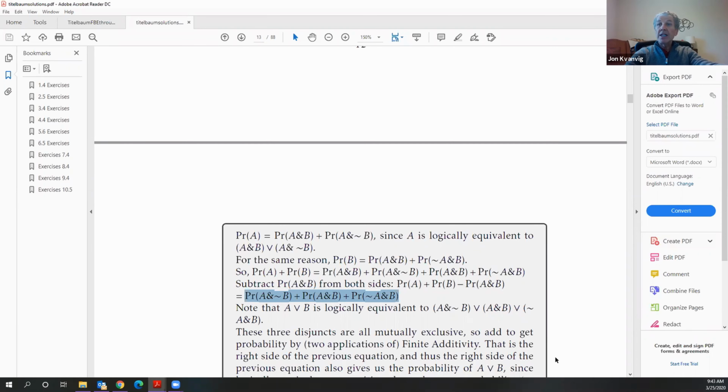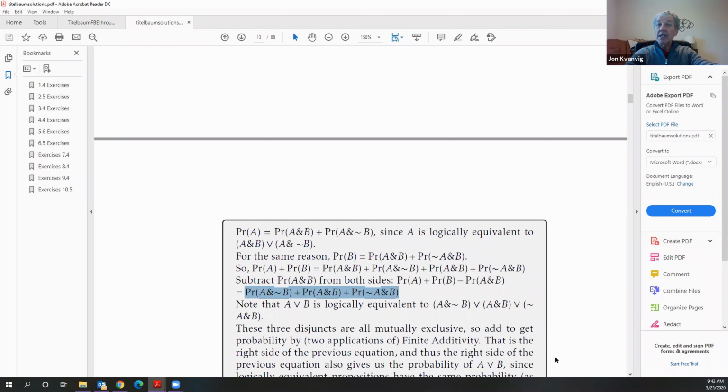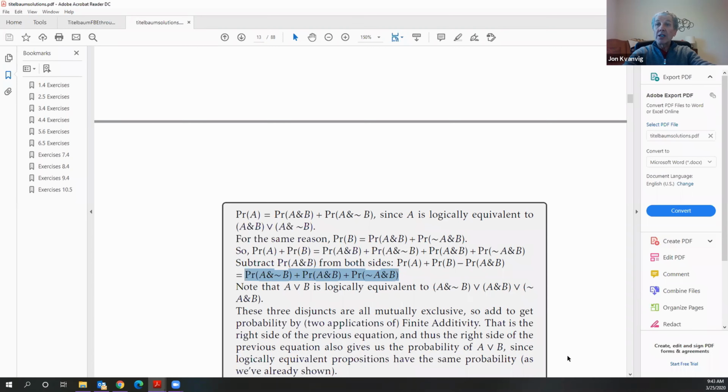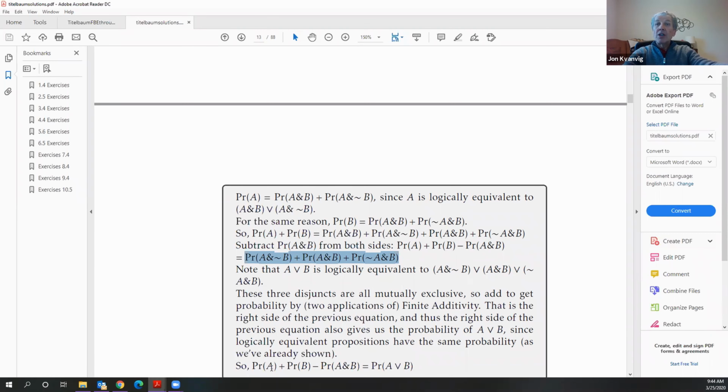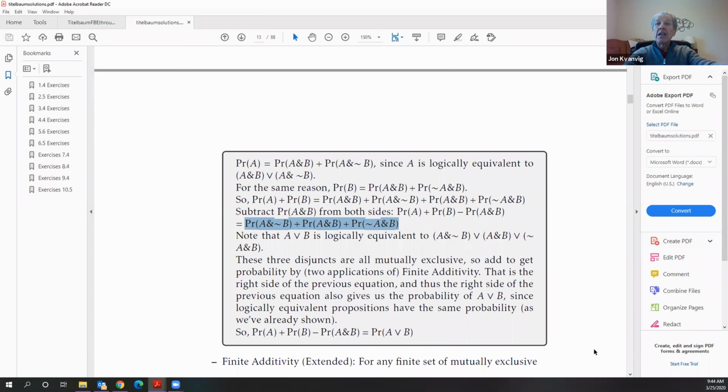That's the right side of the previous equation, and thus the right side of the previous equation also gives us the probability of A or B, since they are logically equivalent, and logically equivalent propositions have the same probability. So the probability of A plus the probability of B minus the probability of A and B just is the probability of A or B. That's a proof of the general disjunction rule.